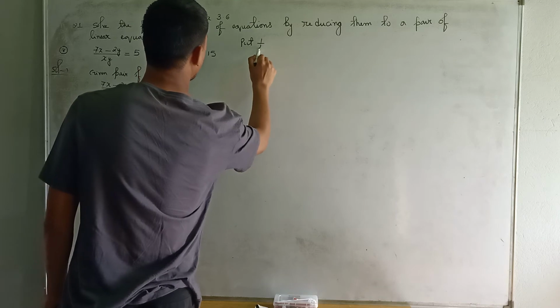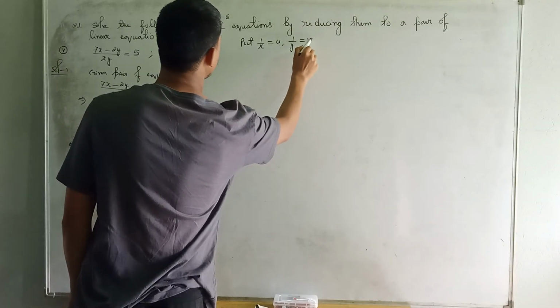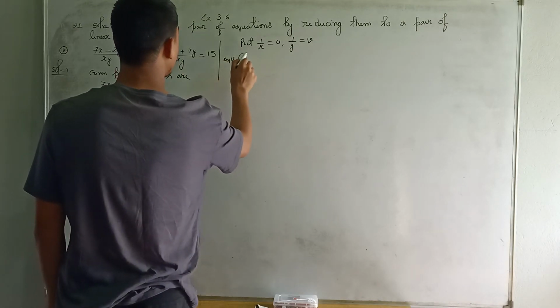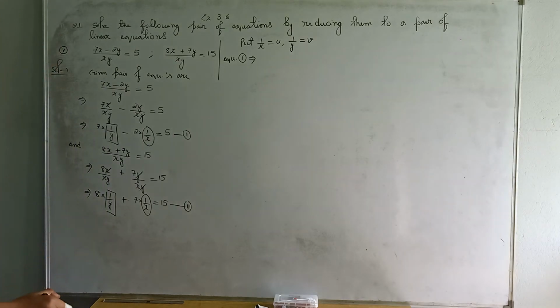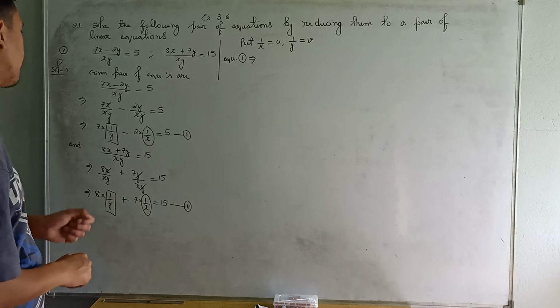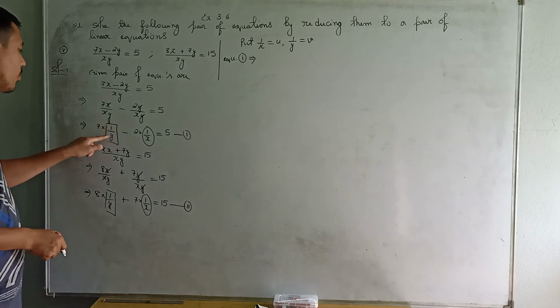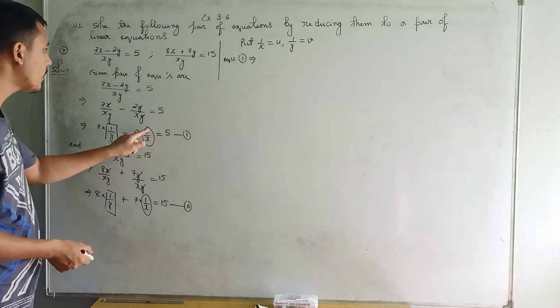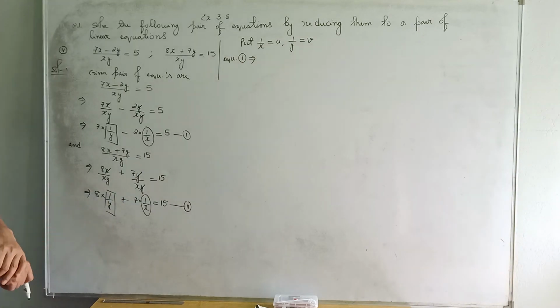So put 1 by x as u, 1 by y as v, then your equation number 1 becomes 7u. No, what I'm doing, we are putting 1 by y to be v, and 1 by x as u. Okay, do not get confused over there.